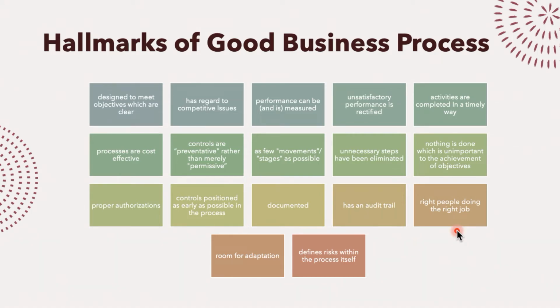Now, in the processes, no, if it requires this specialized work or skills, then of course you will be hiring the right people, those people who have the skills in deploying the required task. Okay? So, second to the last, there should be a room for adaptation. Meaning, there should be room for improvement.